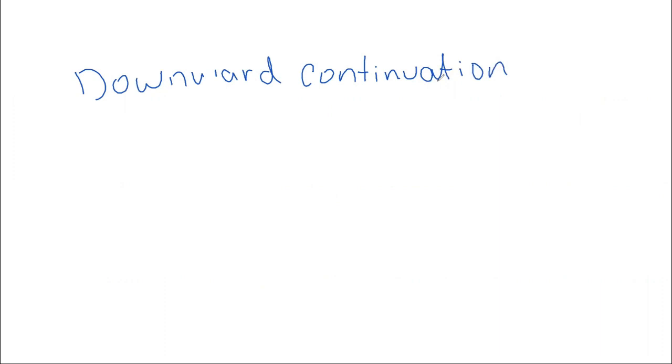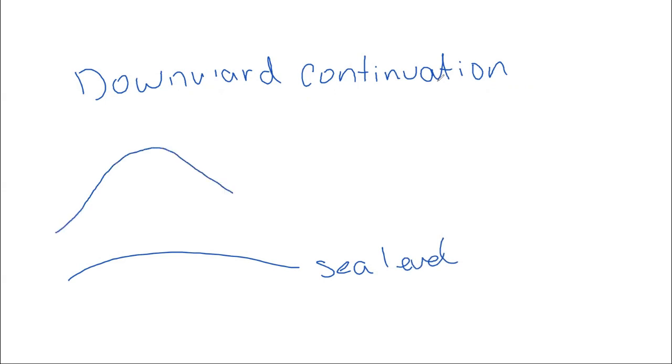If you remember, when we solved all these boundary value problems, our first assumption was that the data are at the boundary. So what is the boundary? We have sea level, the surface of the spherical Earth, and this is topography.